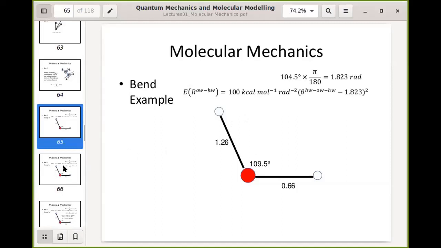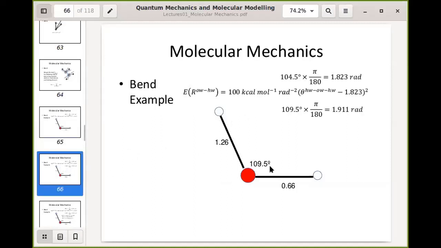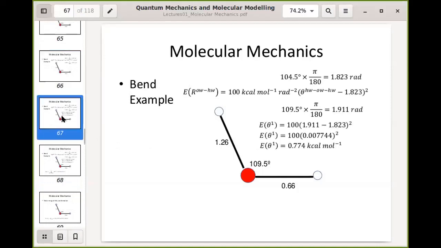Okay, so we can do this calculation. The first thing we've got to do is convert our 109.5 degrees to radians. When we've got 109.5 degrees as radians, we can then calculate the energy due to that bond angle. So you can see here, E is K into theta minus theta naught squared.